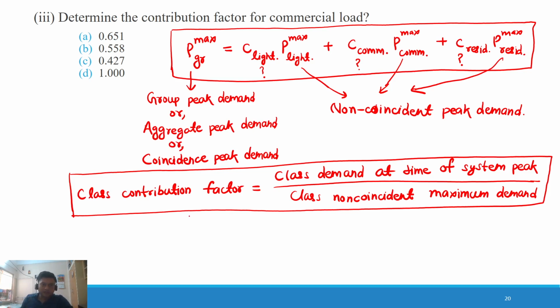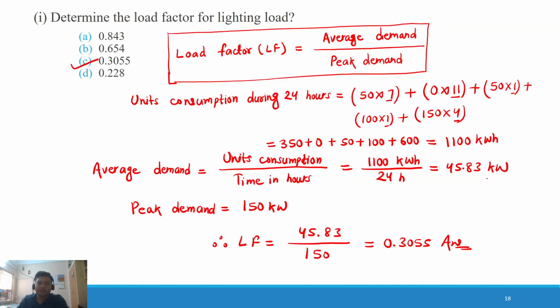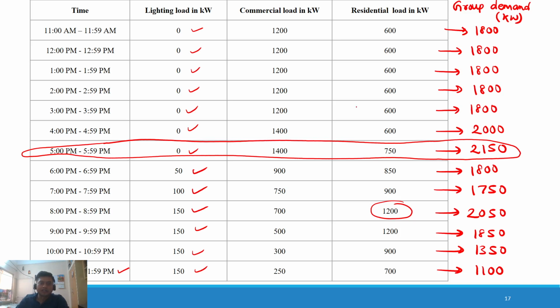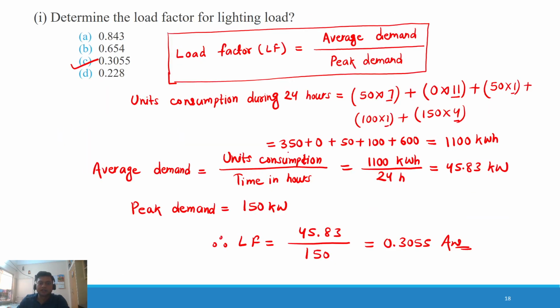Here in this question we have to find out the contribution factor for the commercial load. So for commercial load we have to find out the class demand at time of system peak. At the time of system peak we can see that the commercial load is demanding power of 1400 kilowatt.